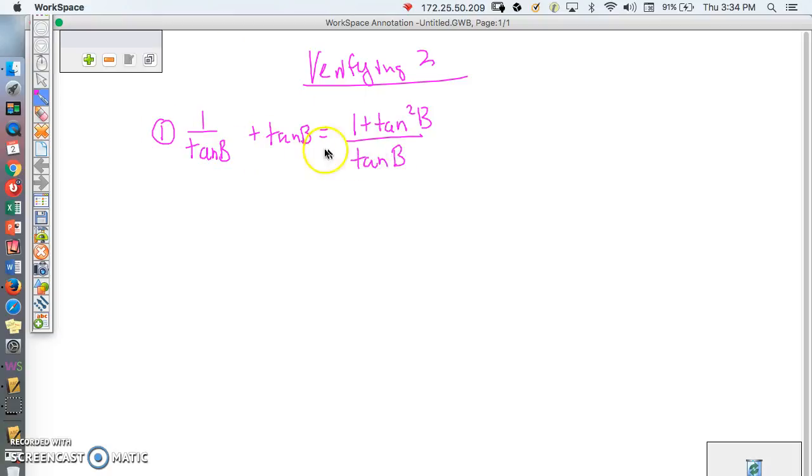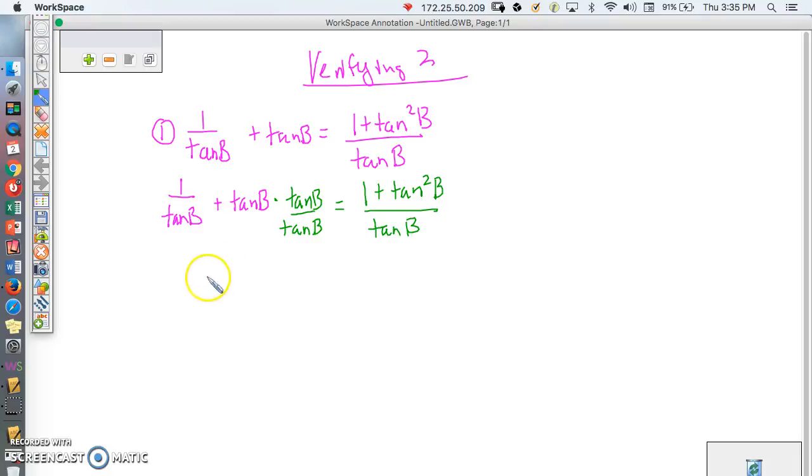As we can see here, we have a single fraction over here and two separate terms over here. So what I'm going to do is make a common denominator over here. So 1 over tangent of b plus the tangent of b, but I'm going to multiply that times the tan b over the tangent of b equals 1 plus the tangent squared of b over the tangent of b.